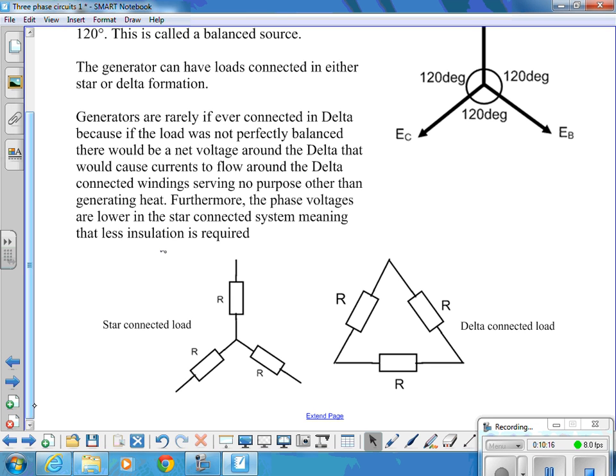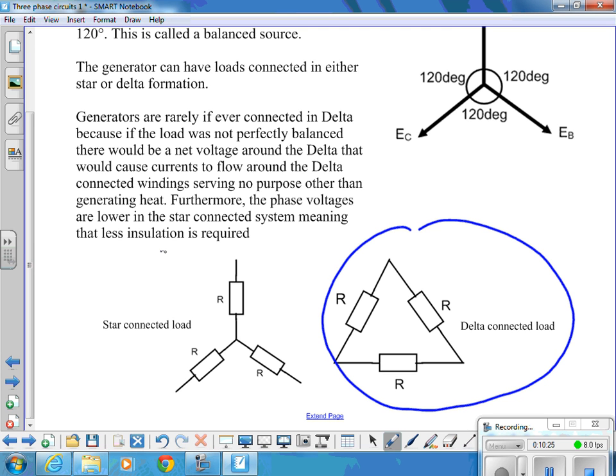Okay, generators are rarely connected, if ever, in delta. The reason is, unless you have a perfectly balanced load, what you'll get is an overall voltage around there. They won't cancel each other out, and it'll cause circulating currents in the three windings.